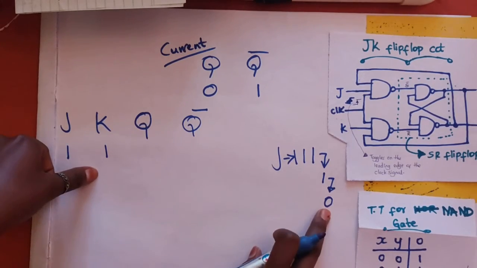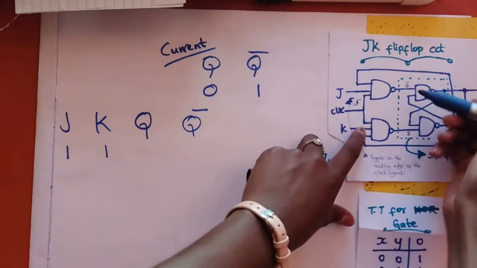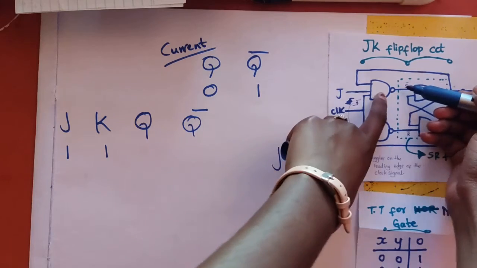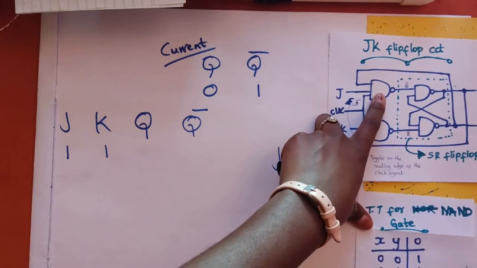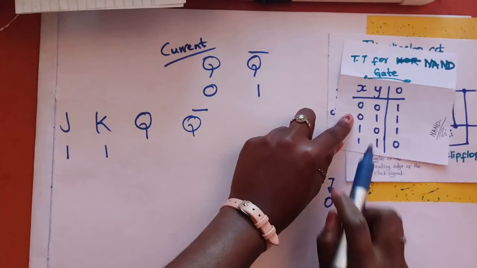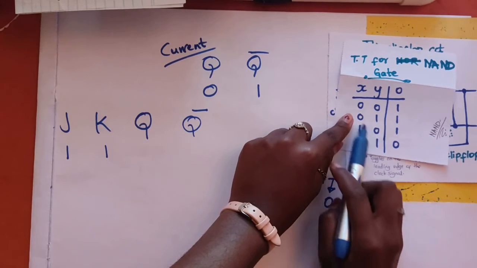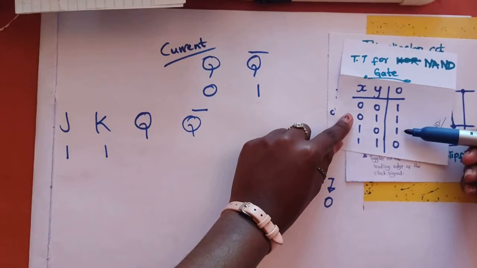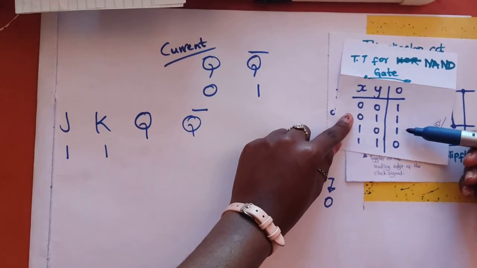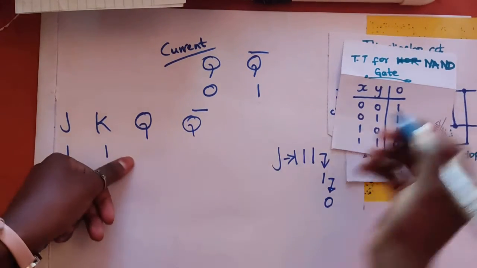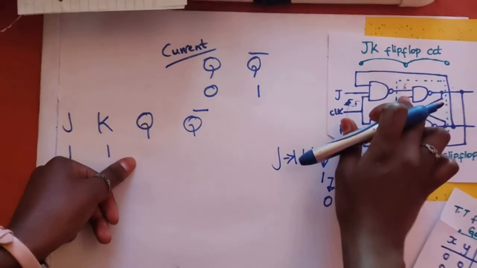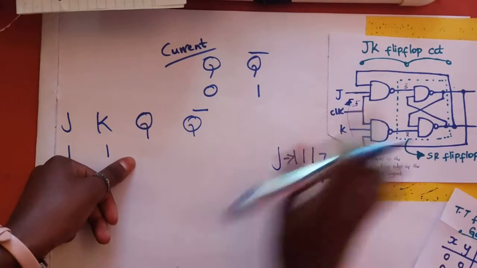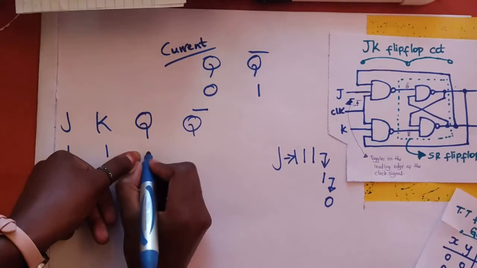Therefore, we have a 0, and the output here will be 0. In a NAND gate, when an input is 0, the output will always be 1. So we don't even need to know what this other input is. We just have here a 1.